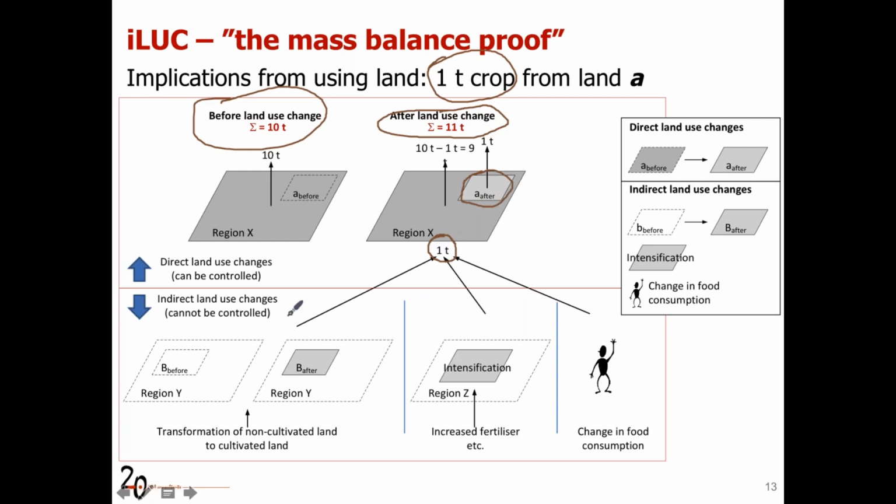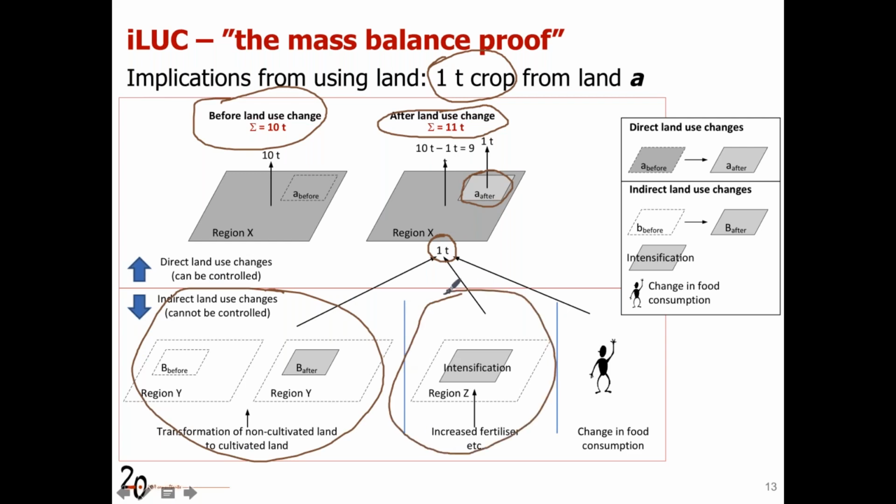They have to be compensated either by land use changes, as you see down here somewhere, by intensification, as Michele already mentioned and illustrated, or by changes in food consumption. So this is the only way to achieve a mass balance. We can actually make a mass balance proof of land use changes to prove that it is real.